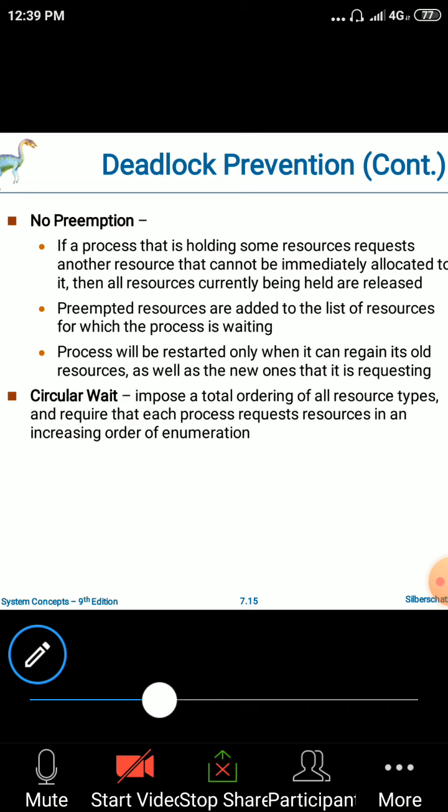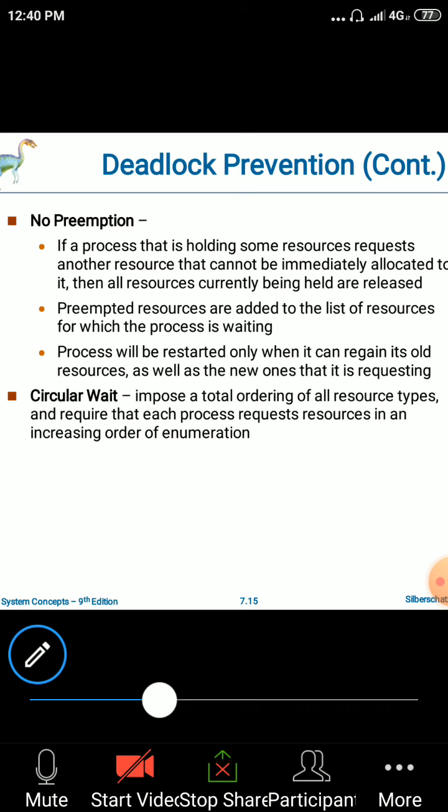Now what happens to P1? It will be restarted only when it regains its previously held resource, that is the CPU, and also gets the requested resource, the printer. Only then can P1 restart its execution. If it does not get them, it can never execute, right?